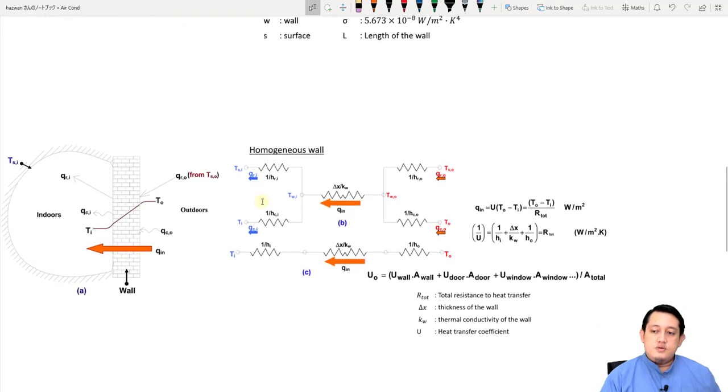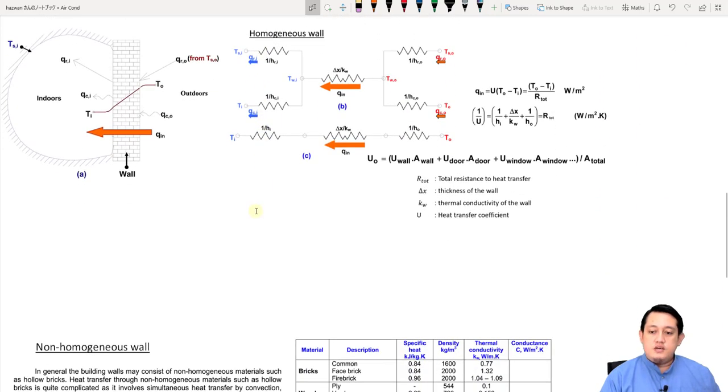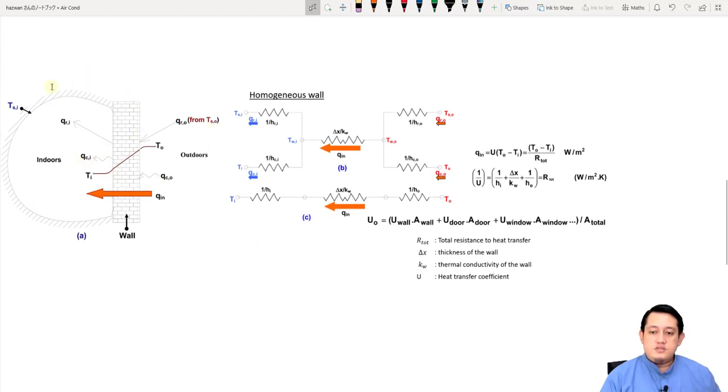So let's look at this one. Let's say we have this. This is our previous wall, and this is the thermal conductivity. This one here we can use. Inside here is the wall.